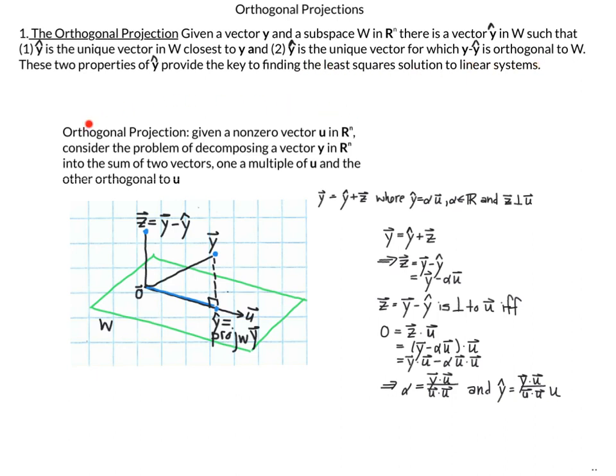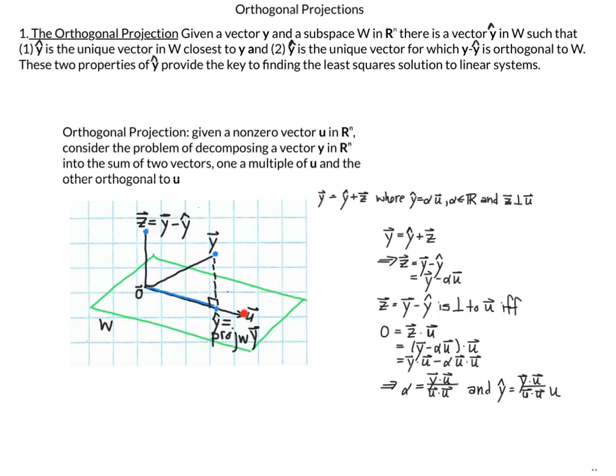Comparing that to the previous video, there we were not given a subspace W, but we were given another vector u in Rn. So this is my vector u here in Rn. I happen to draw it on W, but ignore W for this, because in the previous video we weren't given the subspace W, but we were given u.